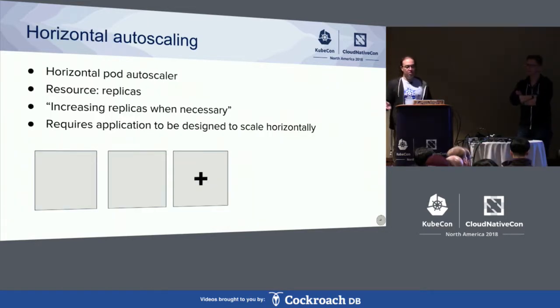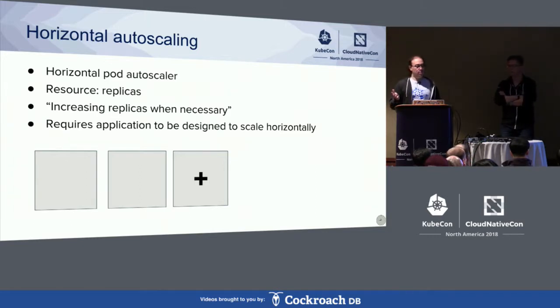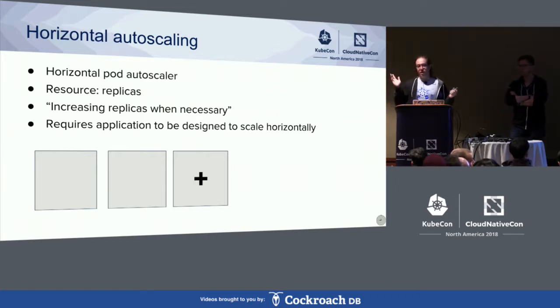Right. So moving beyond cluster into the individual app level, there's also horizontal autoscaling. And so the idea behind horizontal autoscaling is that we declare a target value for some metric. So for CPU, we might declare that we constantly want our application to target around 500 millicores, half of a core.